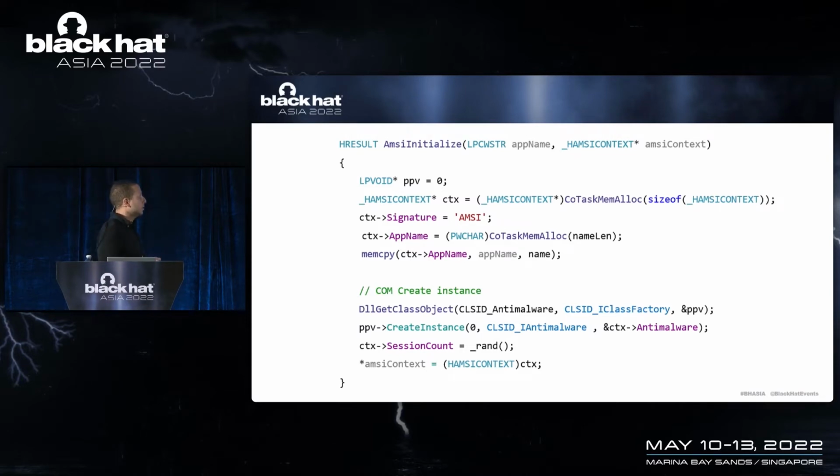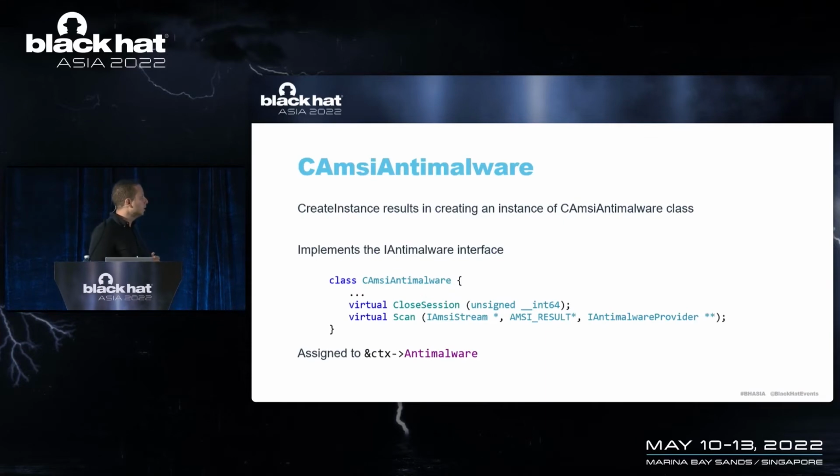It will also set the session count to a random number, and in order to fill the anti-malware attribute, we're going to create a new instance of an interface named IAntimalware. When we create a new instance of this interface, it results in creating a new instance of a class named CAmsiAntimalware.